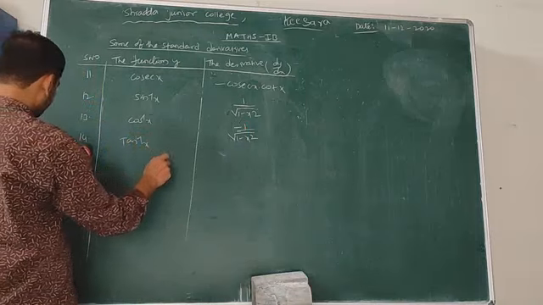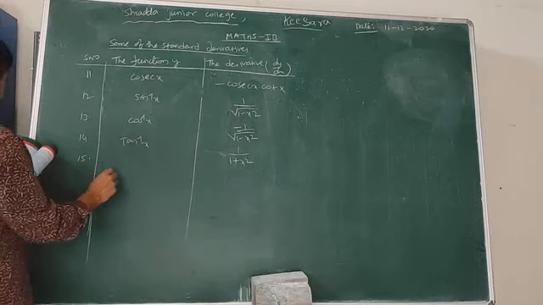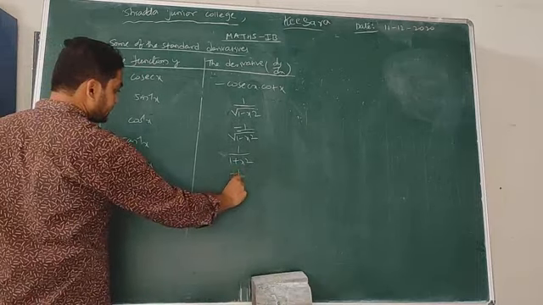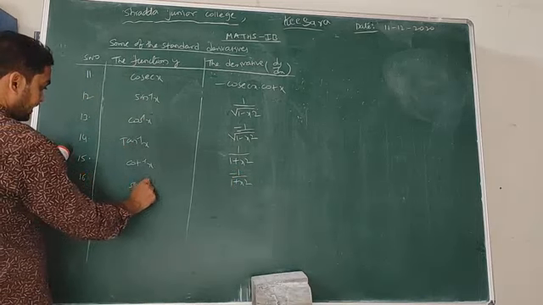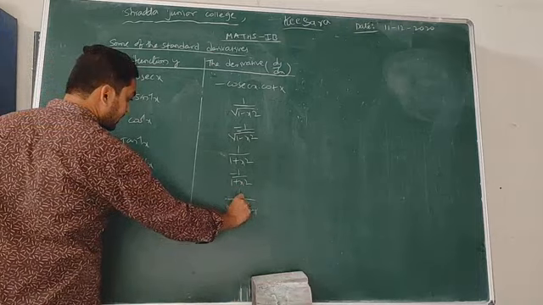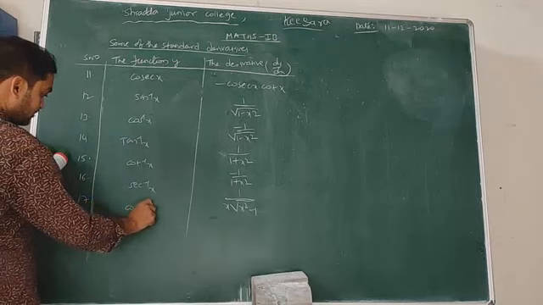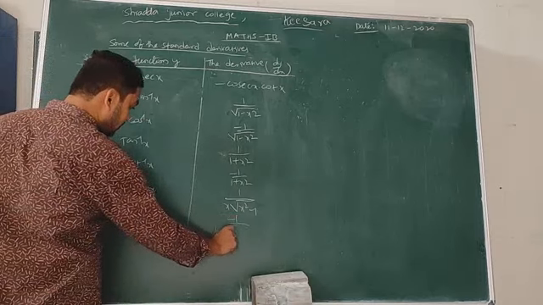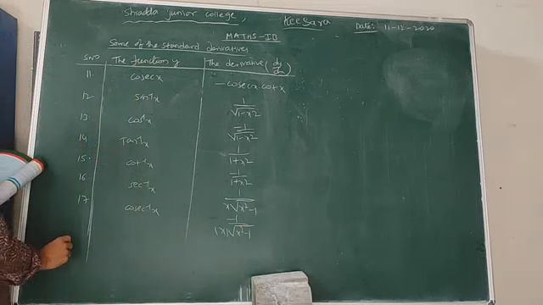Tan inverse x, 1 by 1 plus x square. 15. Cot inverse x, minus 1 by 1 plus x square. And next, secant inverse x, 1 by x root x square minus 1. And next, cosecant inverse x, minus 1 by mod x into root x square minus 1.